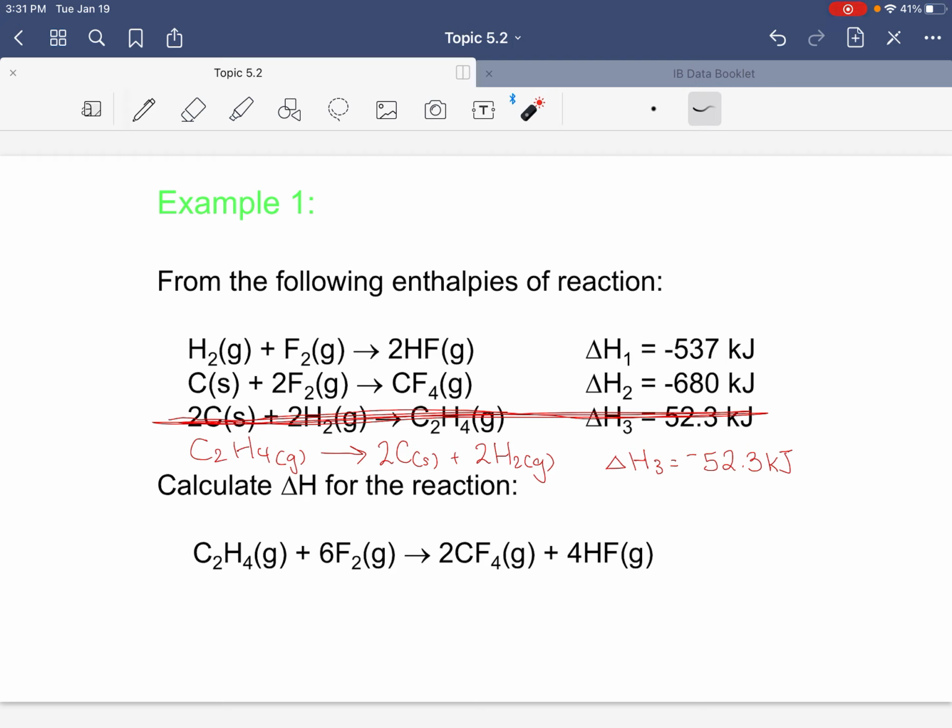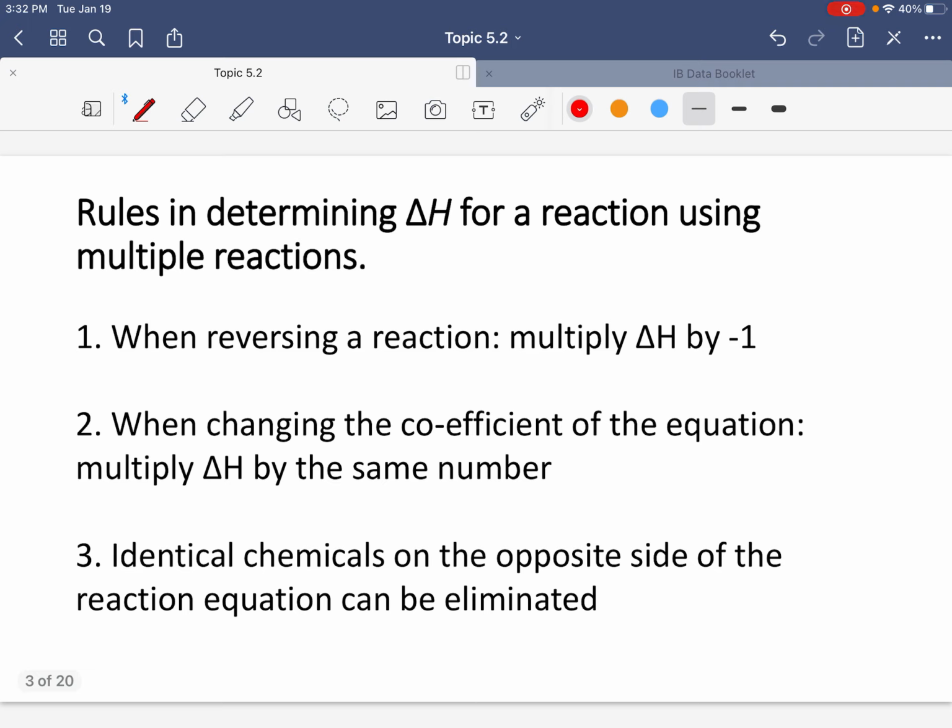All right. Let's take a look at CF4. I need 2 CF4. By looking at what's going on over here, I see only 1. Okay, good. That's not hard to do. It's not like the other situation with F, where there's 2 F's to worry about. I am going to multiply the second equation by 2. That way I get my 2 CF4. Now, just like what the rule says, when you are changing the coefficient of the equation by multiplying by something, you have to multiply delta H by the same number.